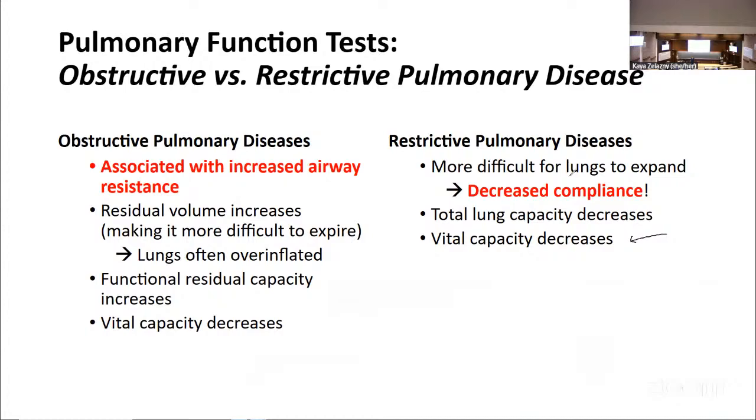So this is why I was asking you about compliance. These restrictive pulmonary diseases are diseases where we have decreased compliance of the lung tissue. So it can't get as big. It's restricted in the total size of the lung because it's more difficult to expand this lung. And that means that overall, if your lung doesn't get as big as it did before, your total lung capacity decreases.